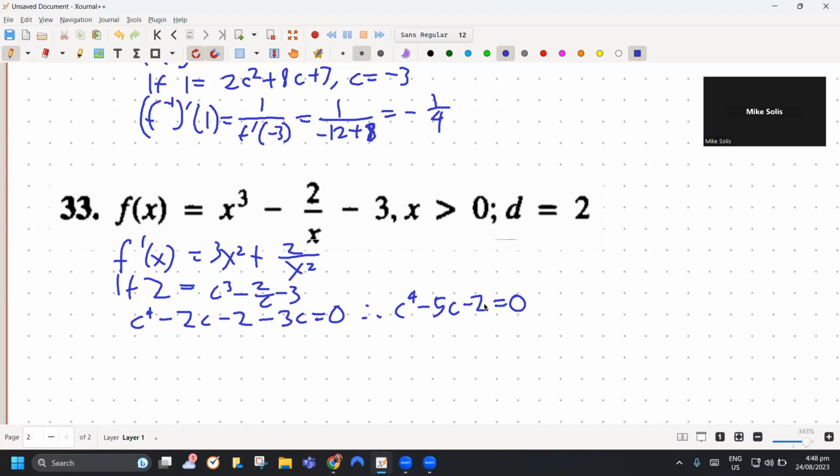So, minus 5c minus 2. x is greater than 0.